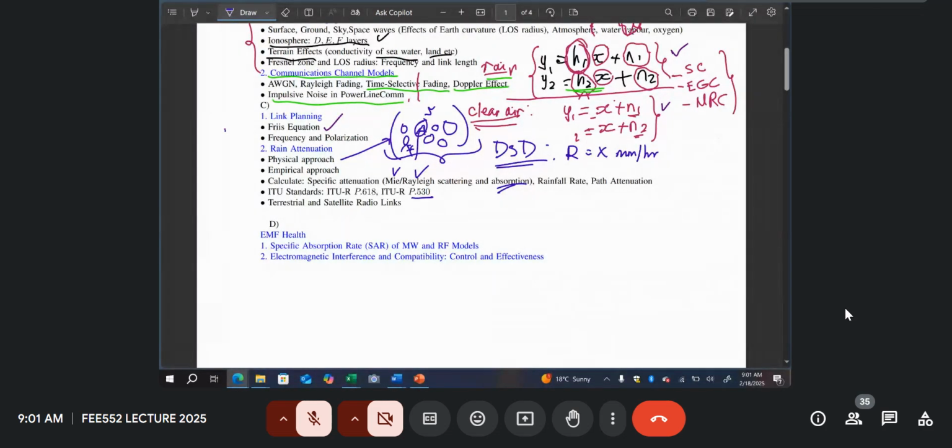For example, in the Kisii area, it could be 90 millimeters per hour. In Mombasa, we could say 30 millimeters per hour. So you can see the rain rates are different. We need to consider how these DSDs contribute to specific attenuation, meaning the power loss in dB per kilometer. Because if we have that specific attenuation, then we can multiply over the length of the link.